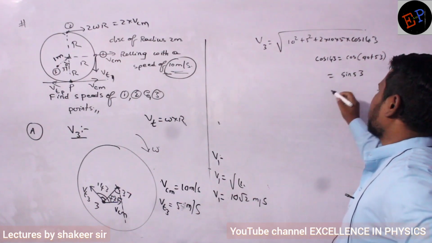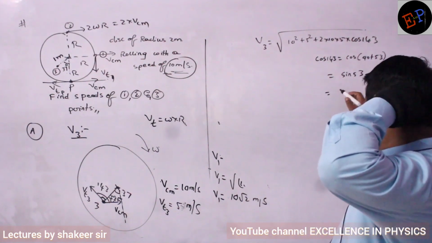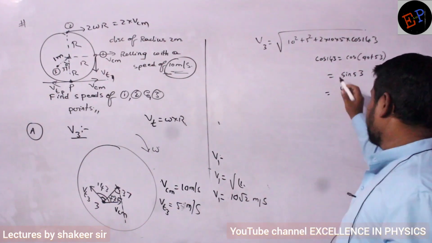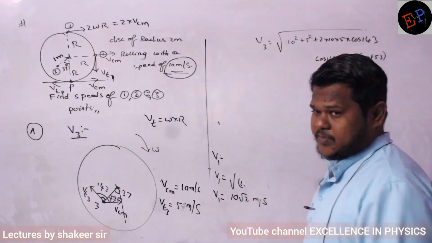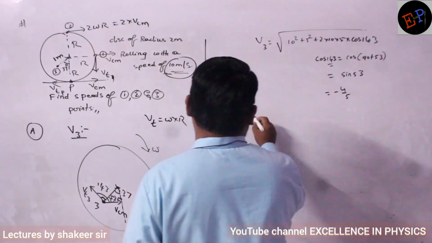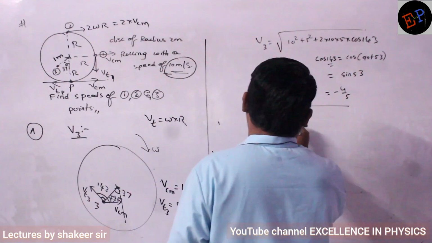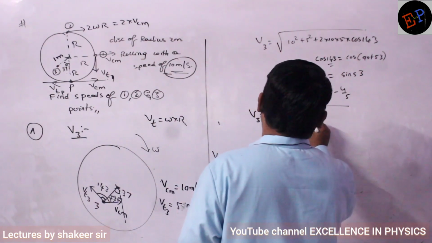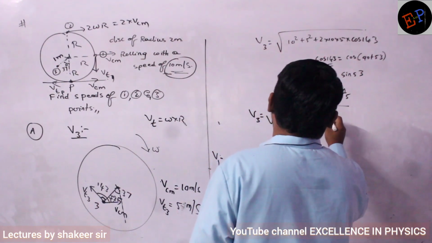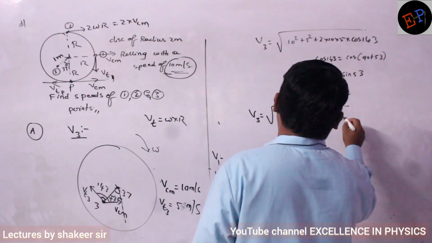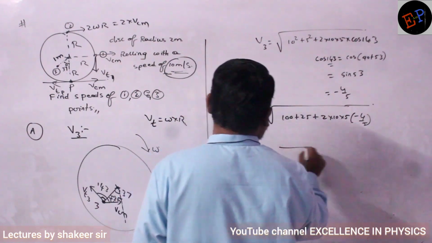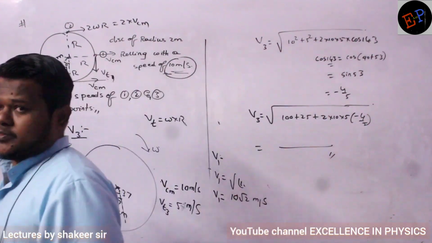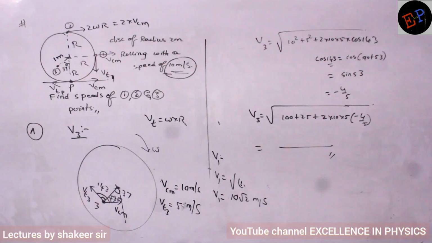Sin 53 value is 4 by 5. But cos 143 is in the second quadrant, so I will get minus 4 by 5. So velocity of point number 3 is square root of 100 plus 25 plus 2 into 10 into 5 into minus 4 by 5. Now I hope you can do this total calculation. That is my required answer. Okay, ma? That's it.